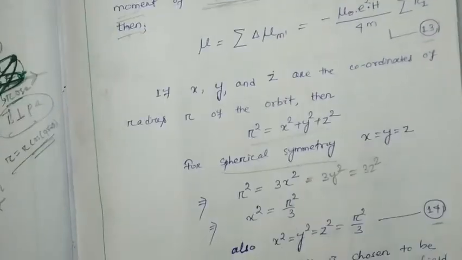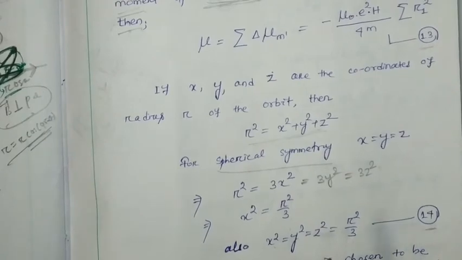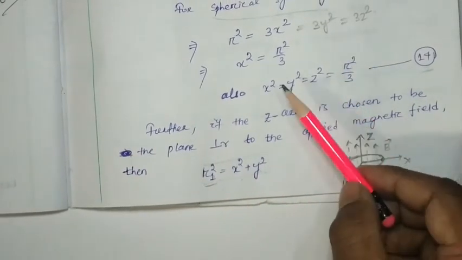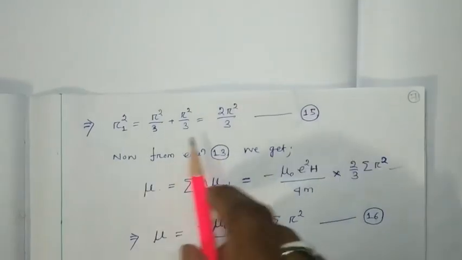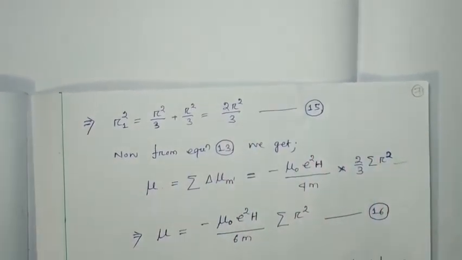Now we know that x square is r square by 3, and y square is also r square by 3. So what will r1 square be? r1 square will be 2 r square by 3. Let it be equation number 15.